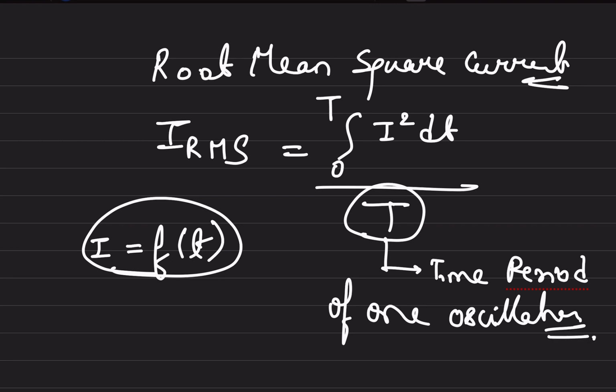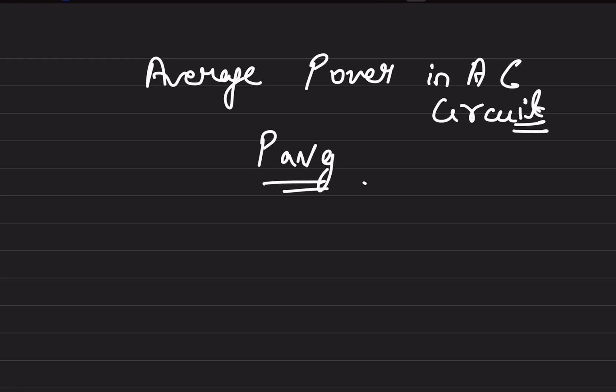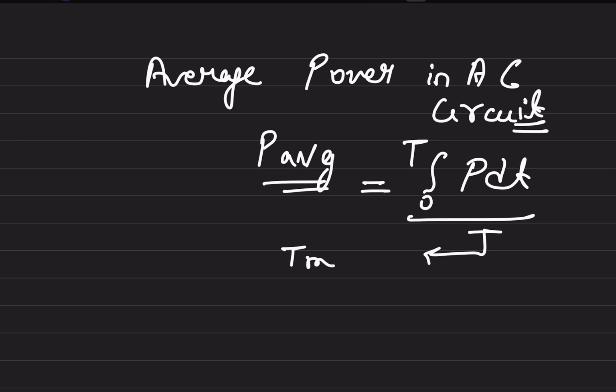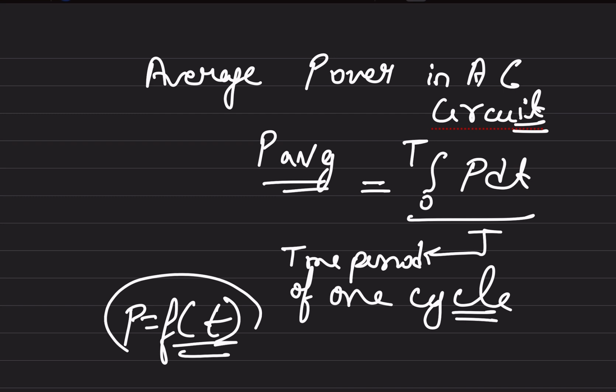Here T is the time period. How is the average power defined? The average power of an AC circuit, P average, is defined as the integral from 0 to T of p dt upon T. T is the time period of one cycle, and p is a function of time.